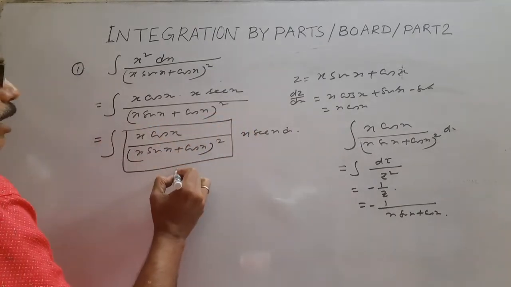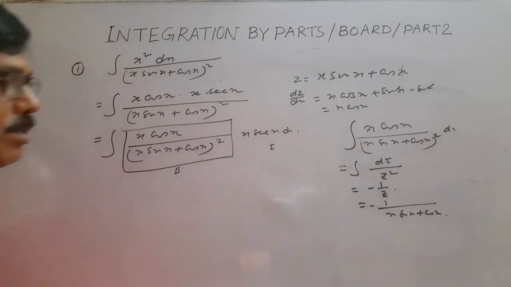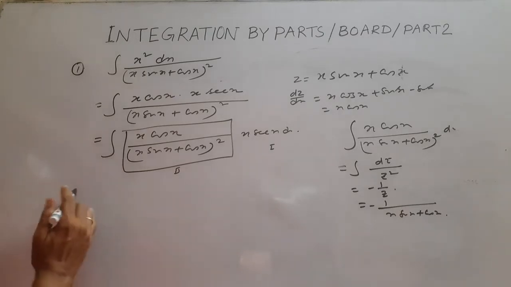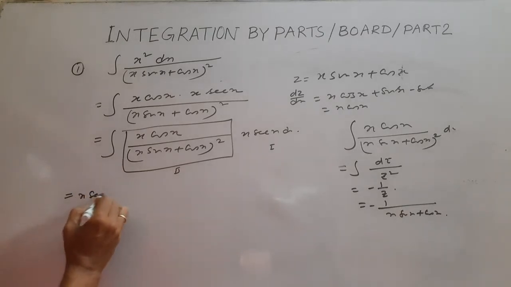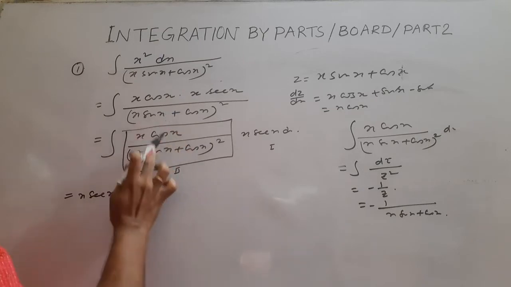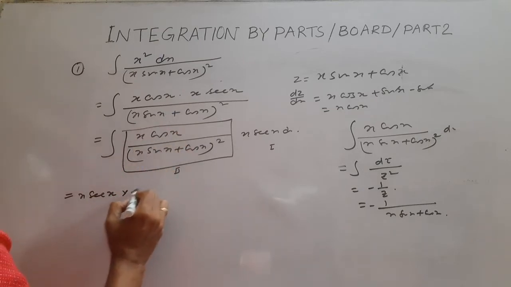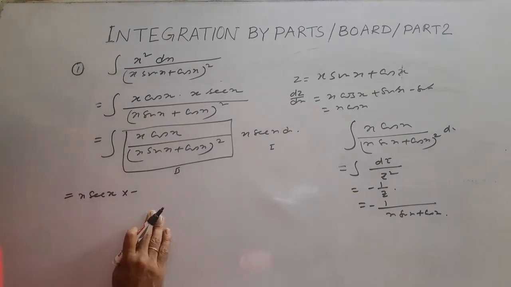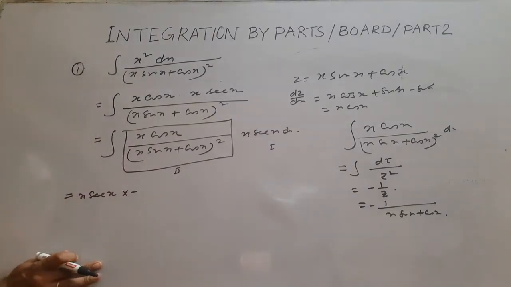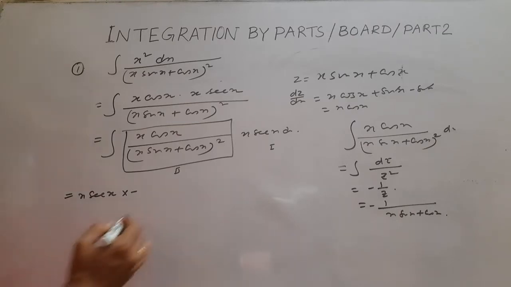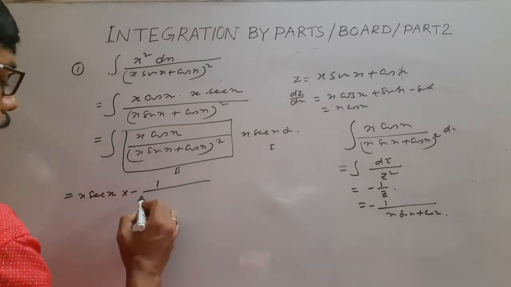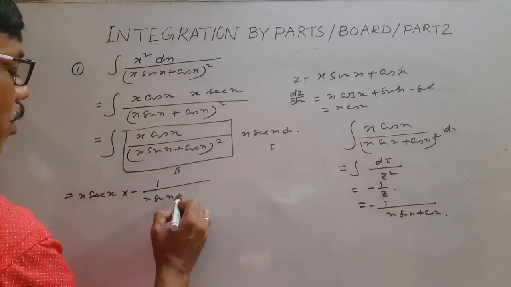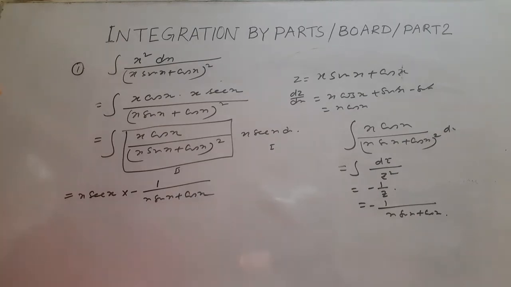So this is second function and this one is first function. So if we omit one step, this one is x sec x unchanged, integration of this, so minus 1 by x sin x plus cos x.